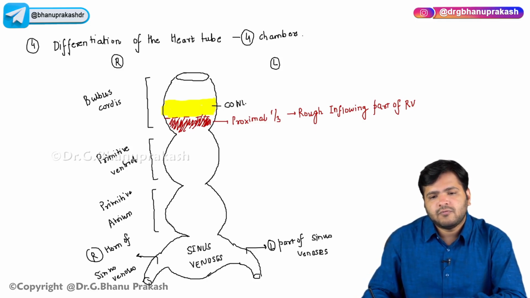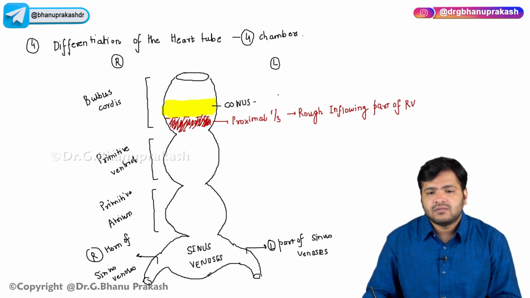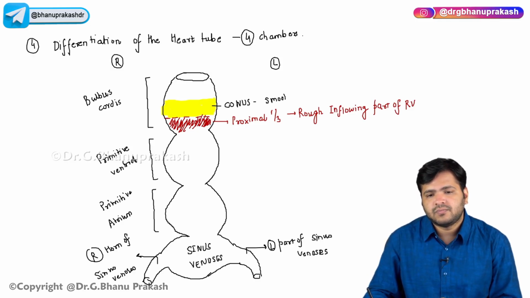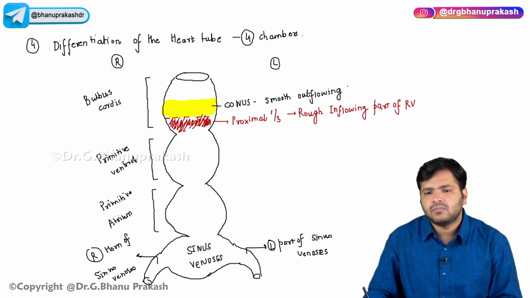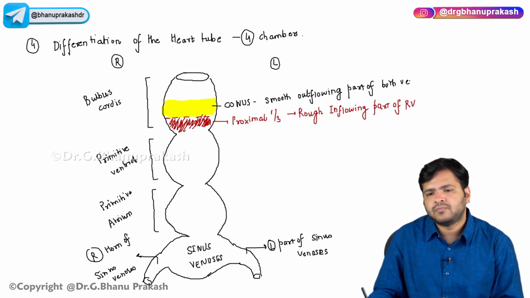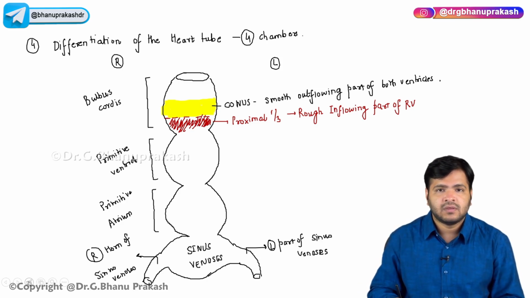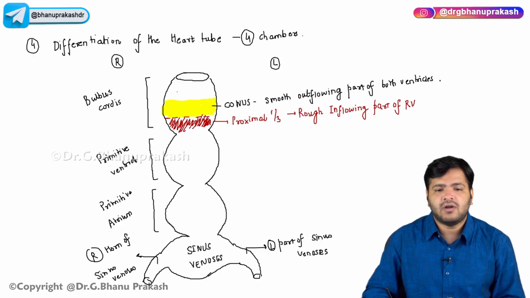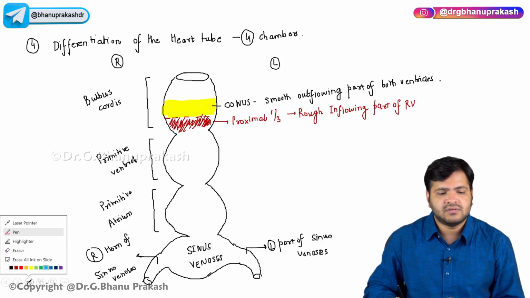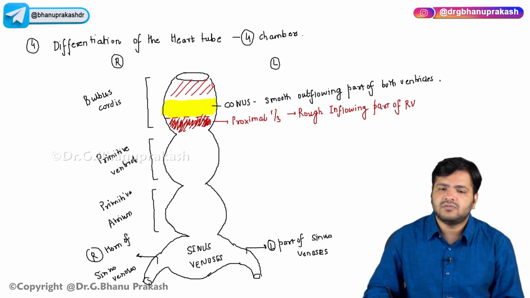This conus will give rise to the smooth outflowing part of both the ventricles. And above it we have another part that is called the truncus arteriosus.